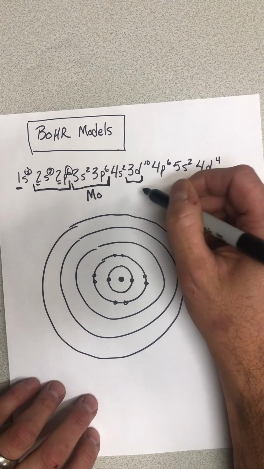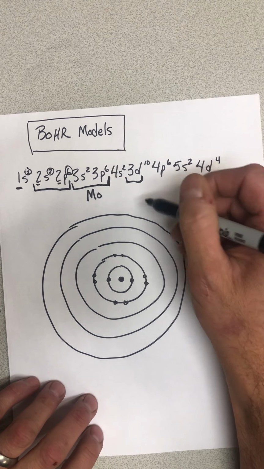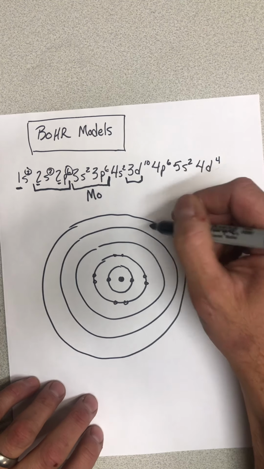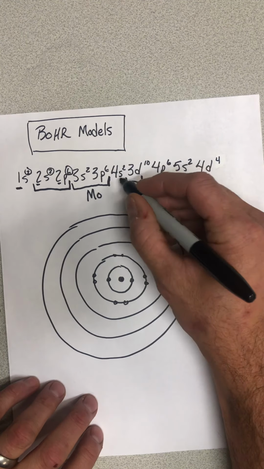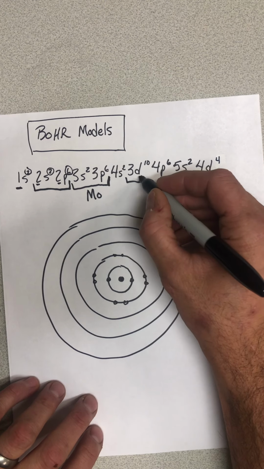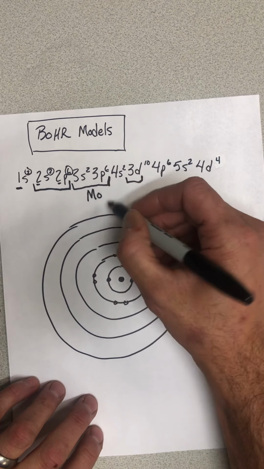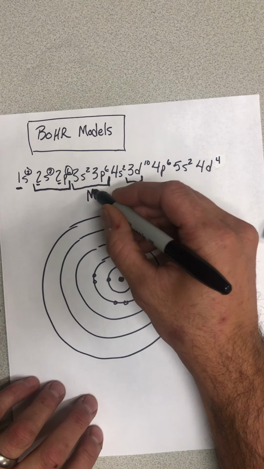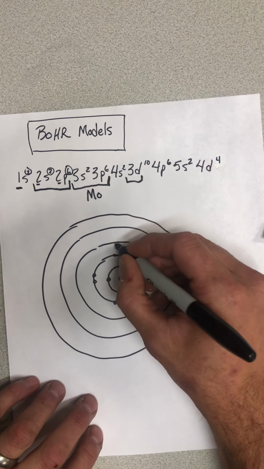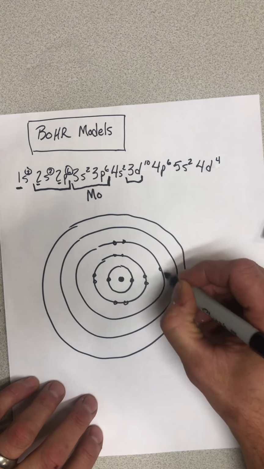We want to fill our lowest energy orbitals first, and 4s is going to actually fill before 3d. So the first thing we're going to do for our third energy level is add our initial 8 electrons.